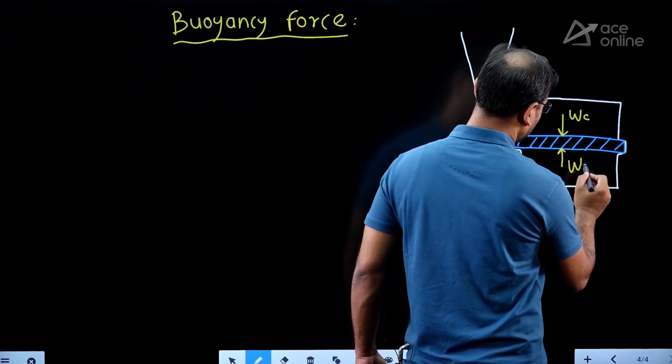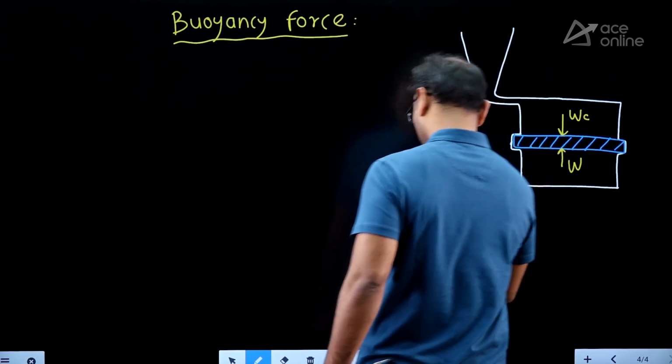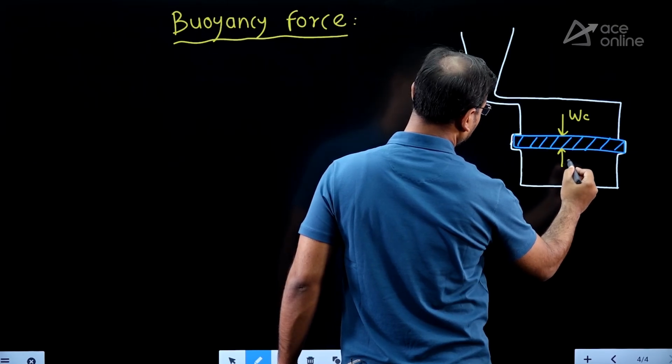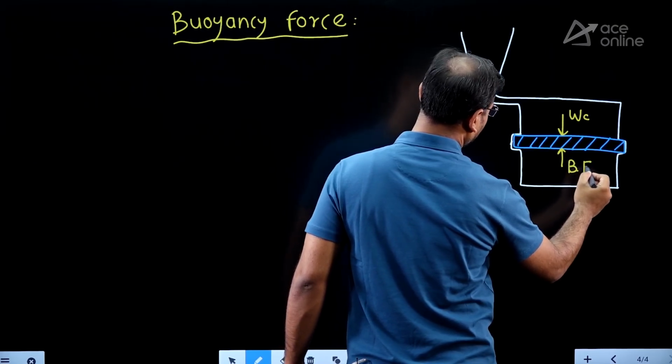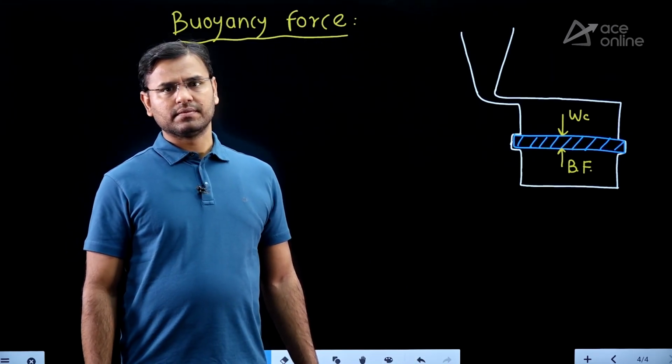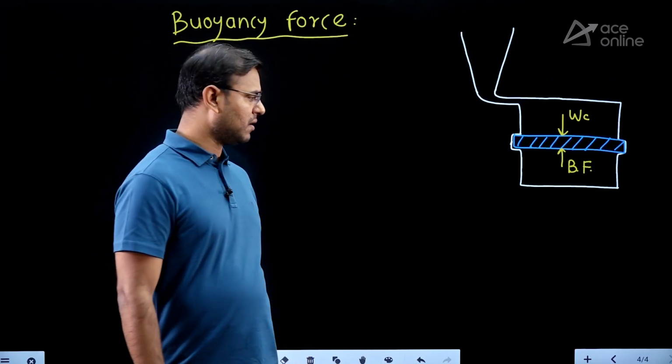Here I am writing the buoyant force, BF, or I can also write the weight of molten metal.